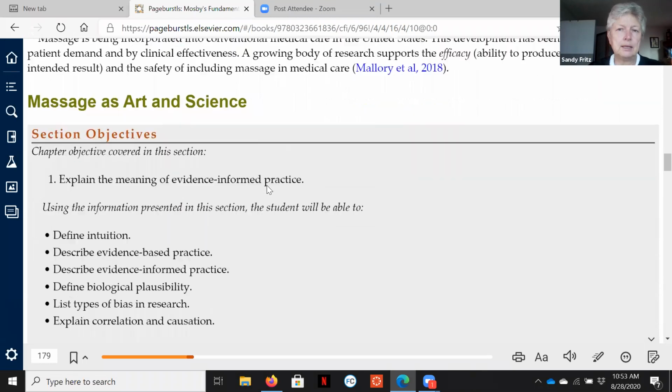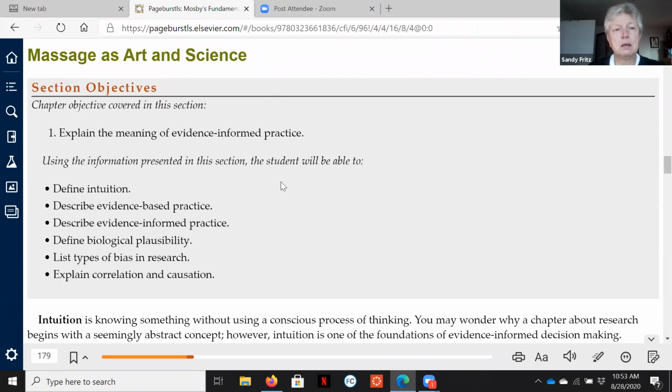So one of the things that has always been, and this is in medical practice too, is massage an art or a science? Well, it's both. And even in an art, like a musician, they still have concrete data that they have to absorb to understand how to use their art supplies.